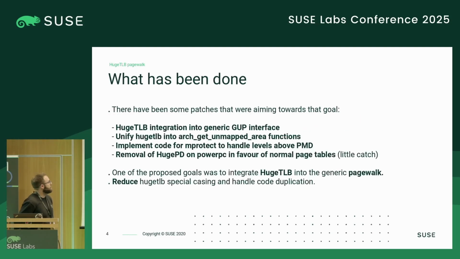So for the last year, there have been some patches that made HugeTLB go through generic channels instead of its own. For instance, the HugeTLB integration into the generic get user pages interface, and the arch get unmapped area functions when you're trying to map stuff, and so on.